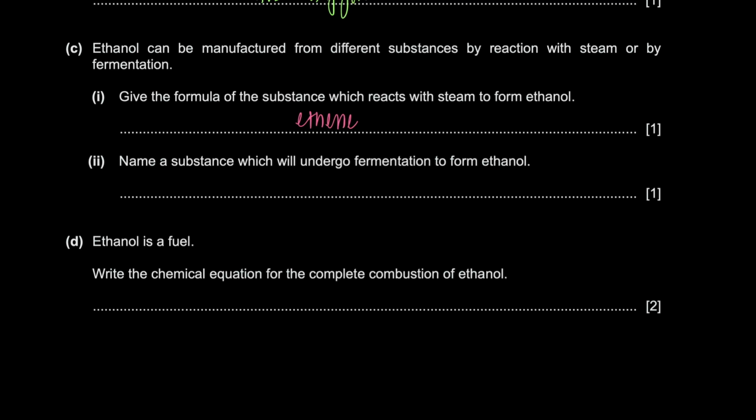What kind of reaction is it? Addition. I'm surprised they're not talking about the conditions further on. Maybe they will in the next part. Name the substance which will react with this to form ethanol. Glucose in fermentation.